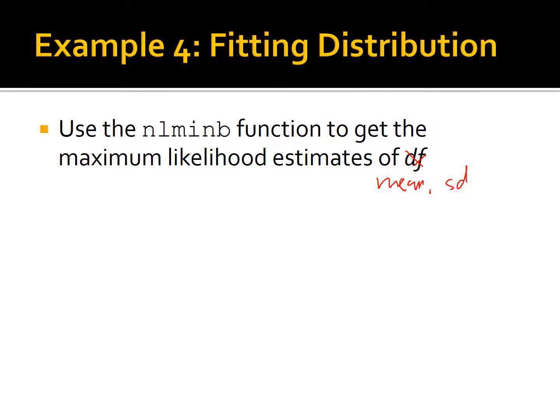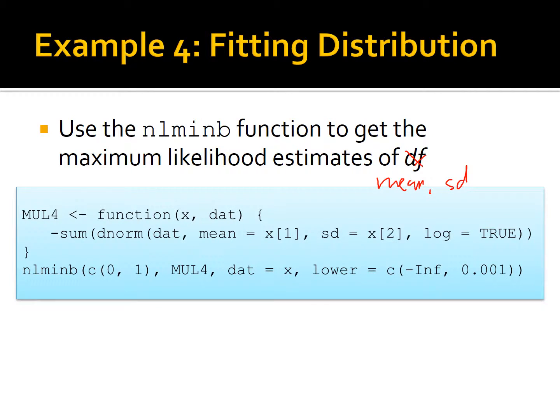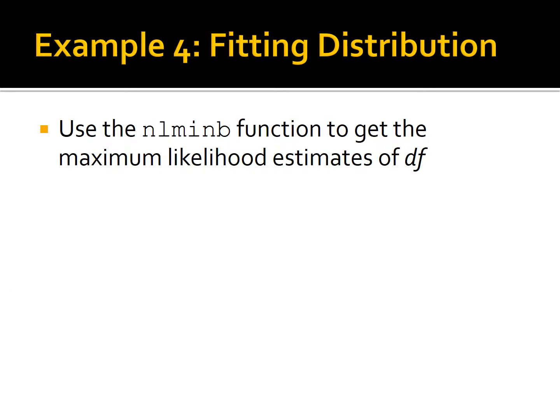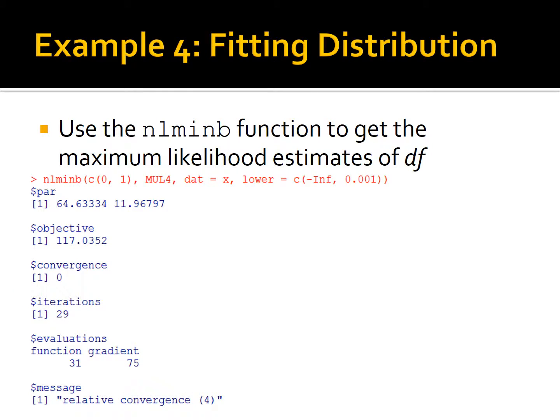Sorry, mul4 would be a function of x, which is the mean and SD of the normal distribution, and that would be the target variable. So the result would be a mean of 64 and a standard deviation of 11.